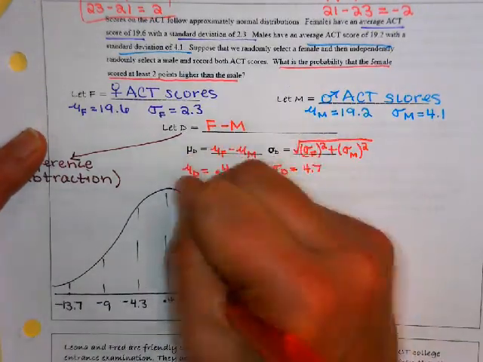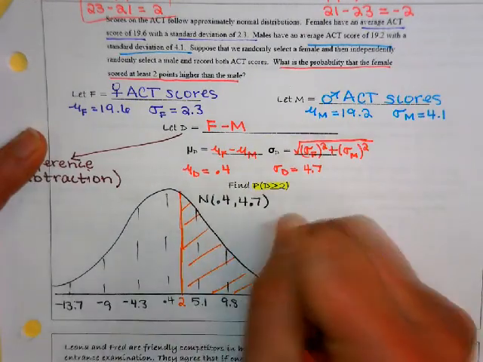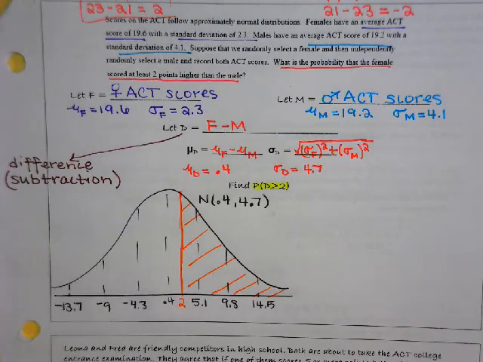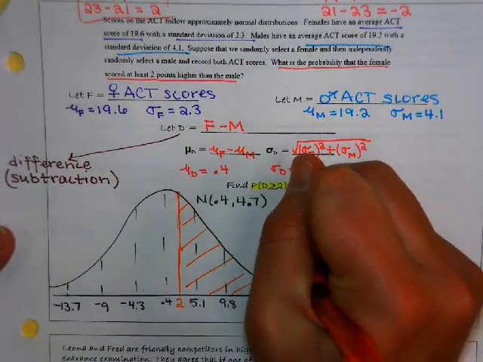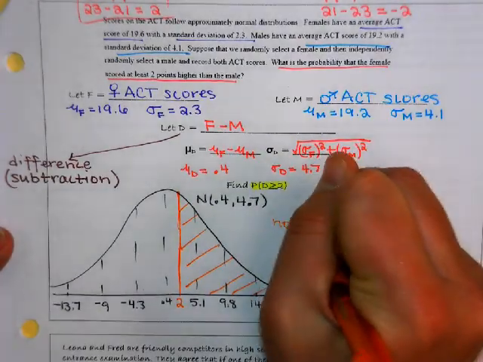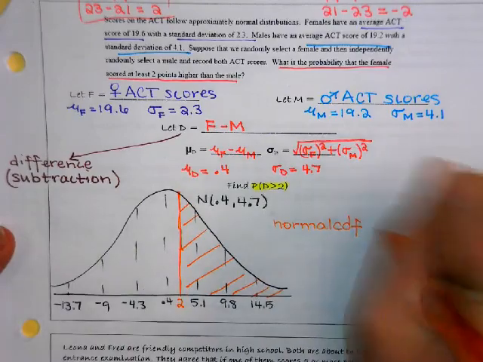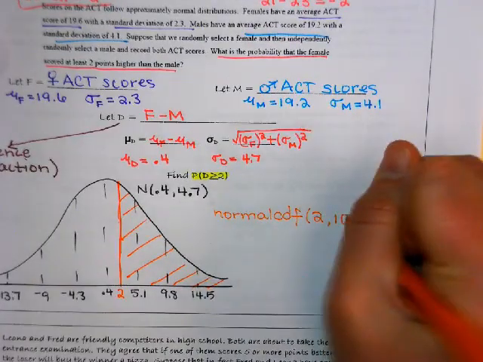Normal CDF. What's our lower bound? What's the upper bound? A big number, which we use 1E99, like Annika said, average 0.4, standard deviation 4.7. Wait, why is it two?